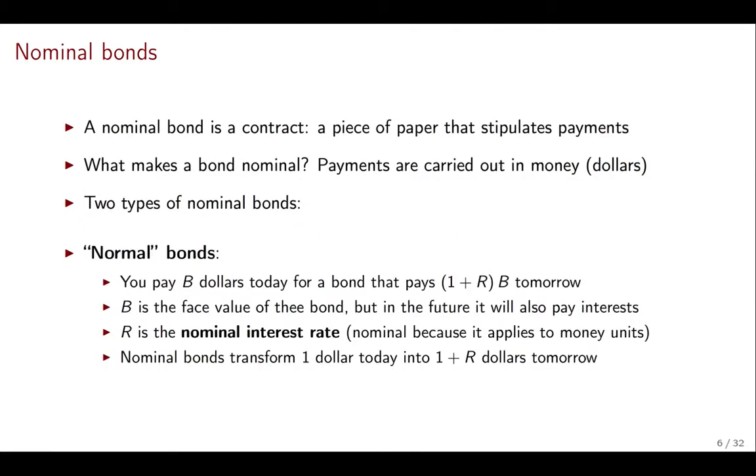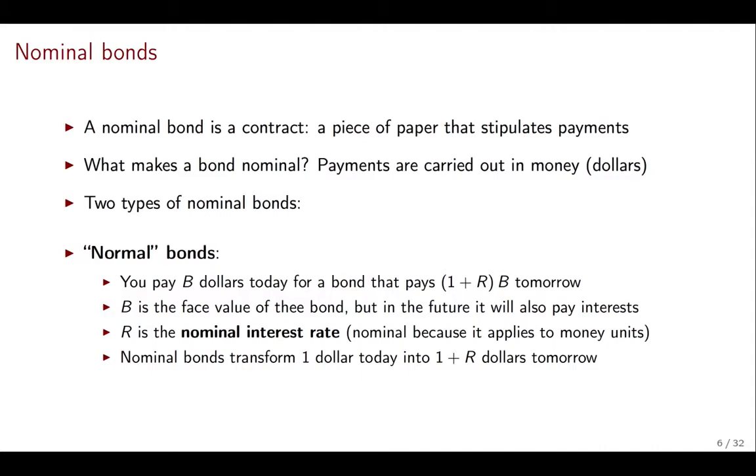The first type we're going to call a normal bond. In a normal bond, you pay B dollars today for a piece of paper that pays (1 + R) times B dollars in the future. So here, as in the general case, a nominal bond is a contract, a piece of paper that stipulates payments.